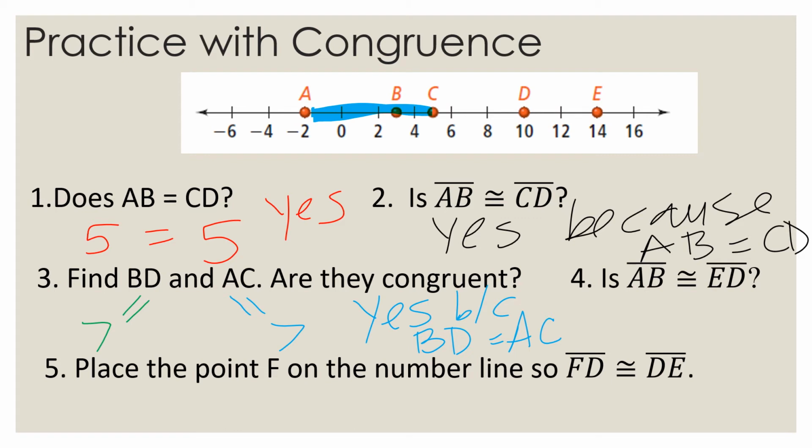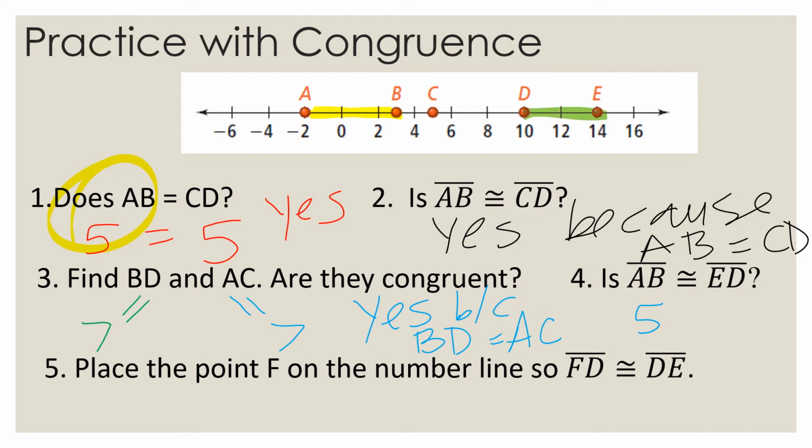Okay, is AB congruent to ED? All right, so let's look here. AB goes from -2 to 3, and we already know from up here that AB is 5, okay? And then ED, we haven't found that measure yet, so ED is from here to here, 10 to 14.